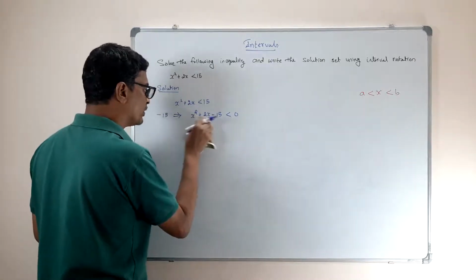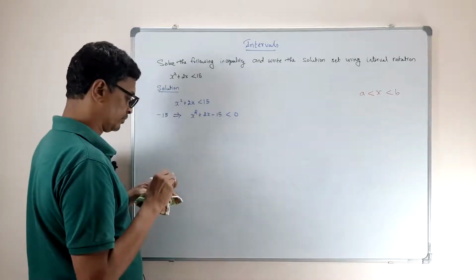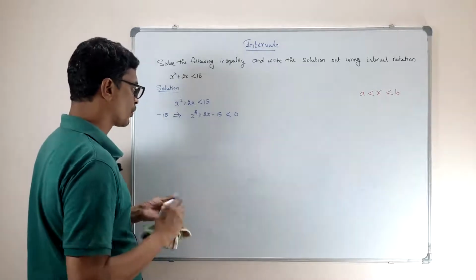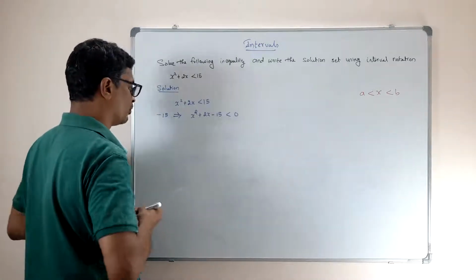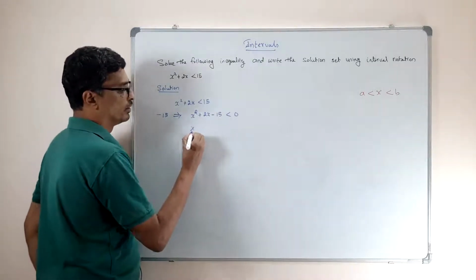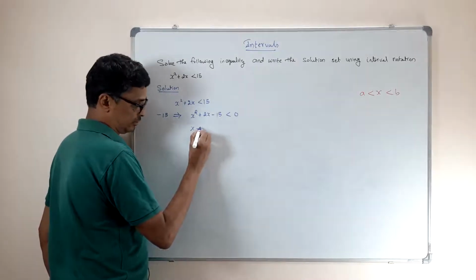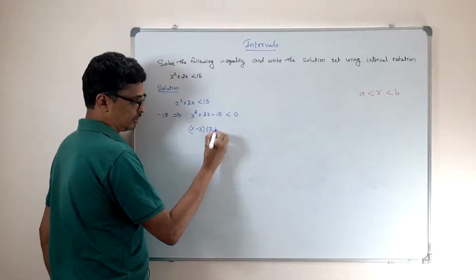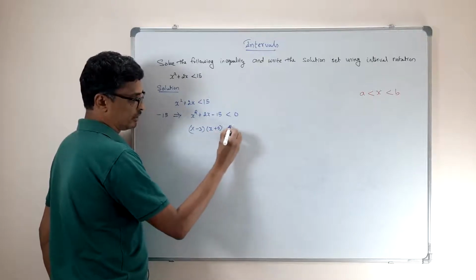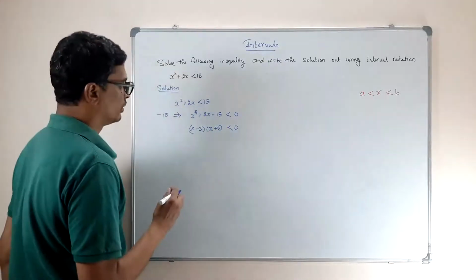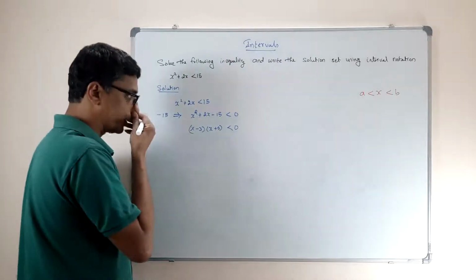Tell me what is the factorization of it? 3 or minus 5. So this will be written as x minus 3 into x plus 5. Are you sure? Check it. Is it correct? Yeah. Okay.